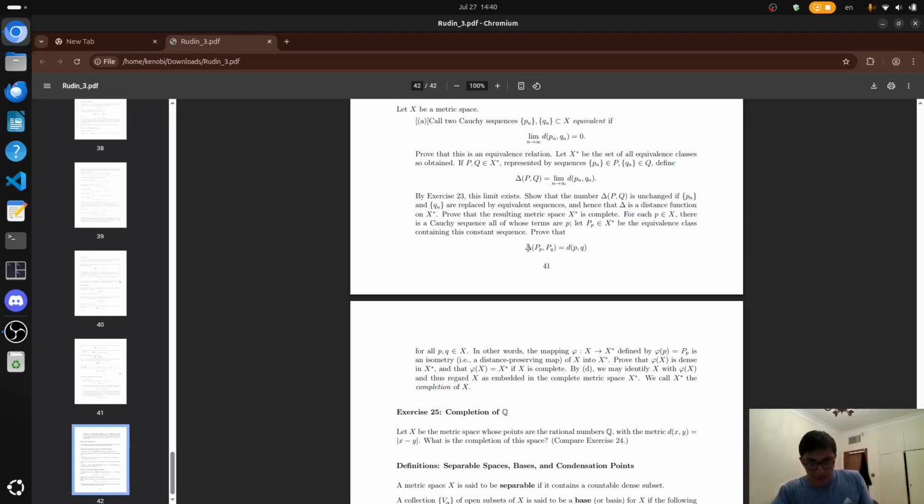And we show that the distance between P star and Q star is the same as the distance between P and Q. Why? Because every term of the two sequences is constant, so at each step the distance is going to be the distance between P and Q, since each term is P and Q, right?